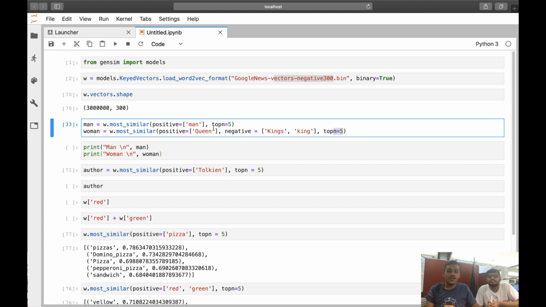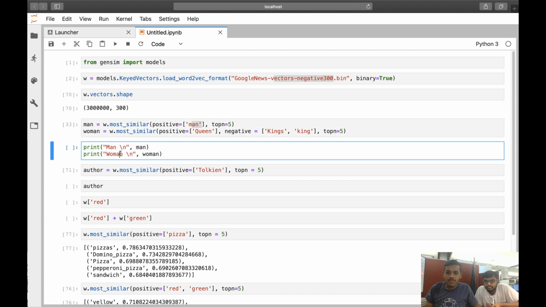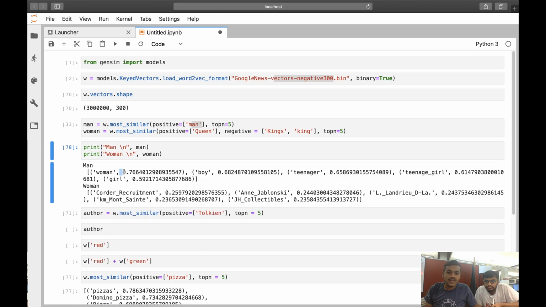So when we print them, you can see that the word man has closeness to woman, boy, teenager, girl. These are the distances between the two vectors, that is the Euclidean distance between man and woman, man and boy, man and teenager. And this is arranged in descending order, so the first one is the closest to that word.